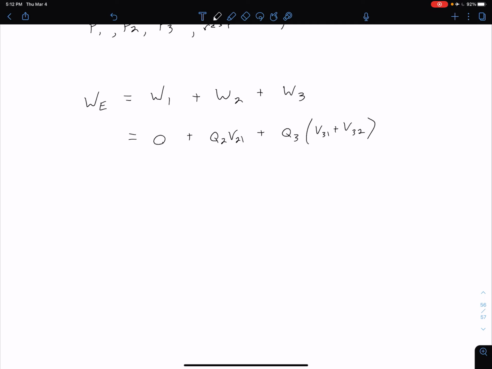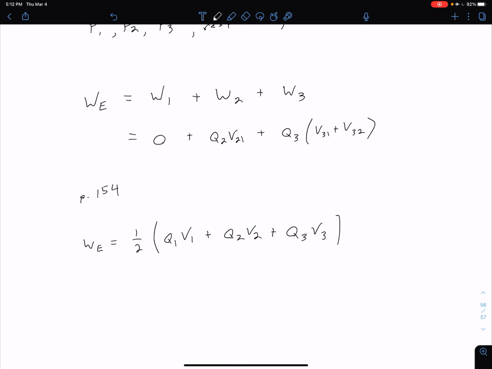What we can show, and we're not going to go into the details, but you can look on page 154, is that we can rewrite this energy, W sub E, as 1/2 times Q1 times V1 plus Q2 times V2 plus Q3 times V3.